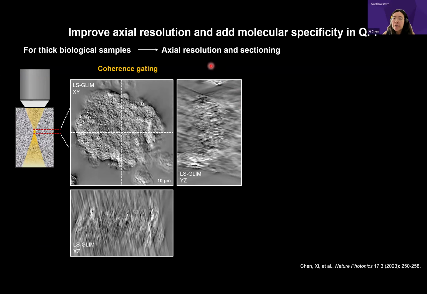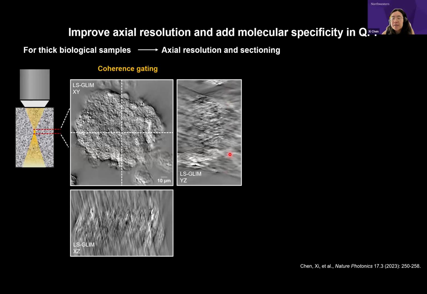Only within this coherence volume can you have a meaningful signal from your imaging modality. However, even using coherent scaling, we still have a limited ability to reject the out-of-focus light.